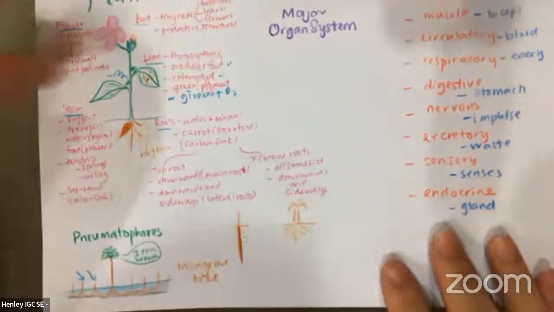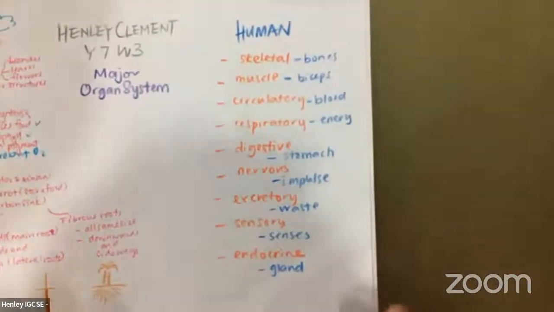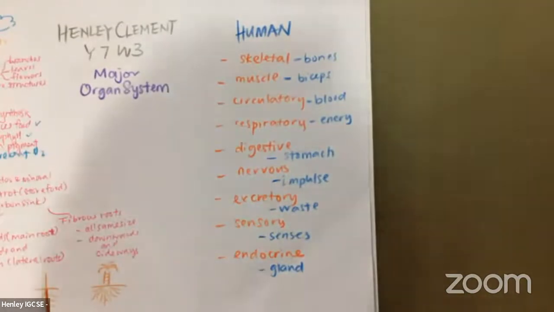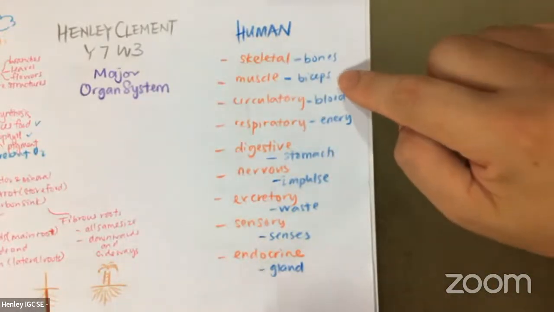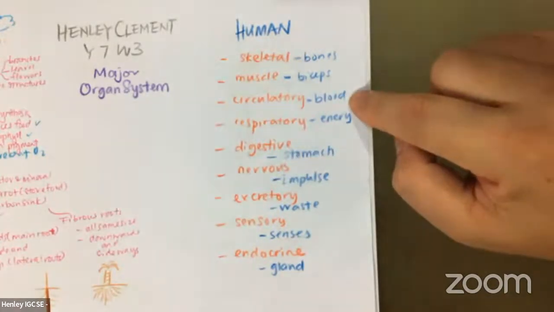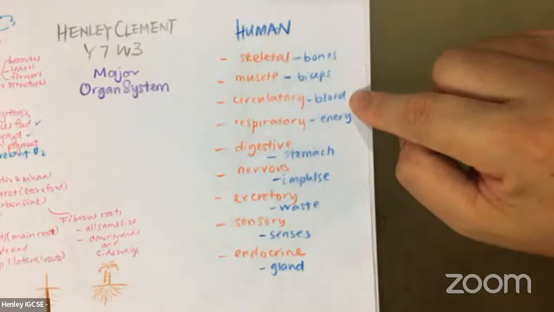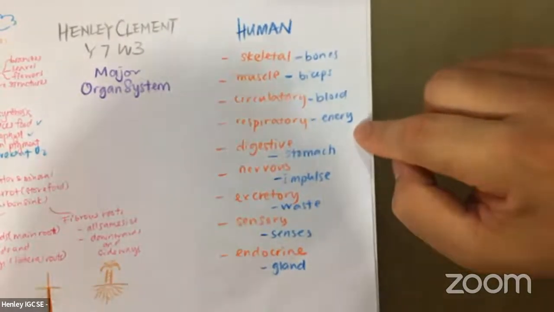Next, we are discussing some systems within the human body, which is the skeleton. It is about bone and muscle, for example bicep. Circulatory, blood. Respiratory is about releasing energy.